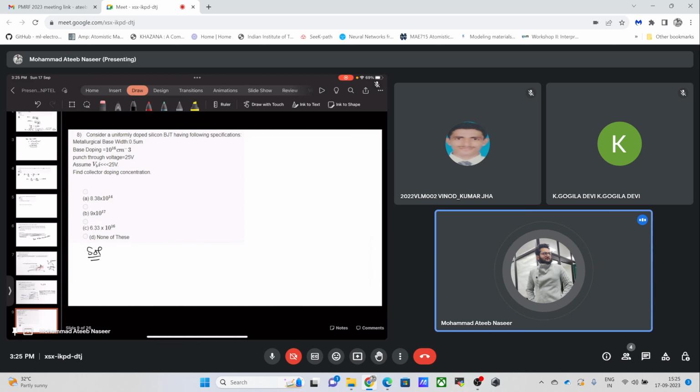So it simply means that if I draw the emitter, base and collector region, for example, it would look like this. This is my interface of the emitter and base.